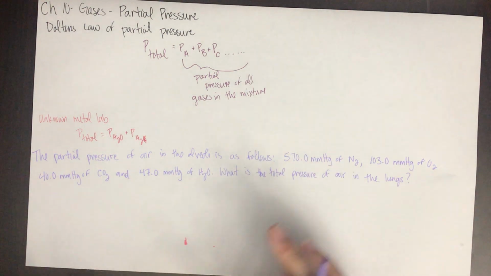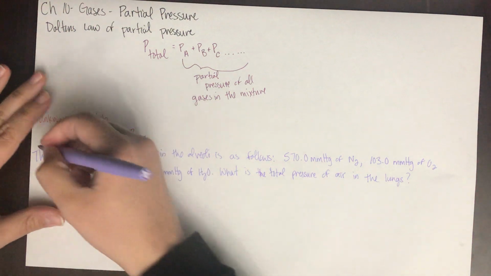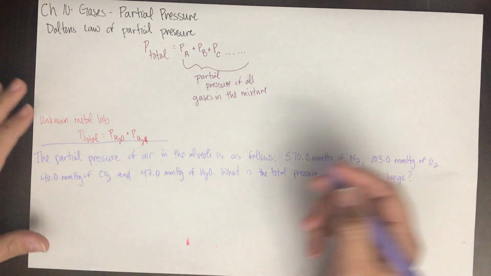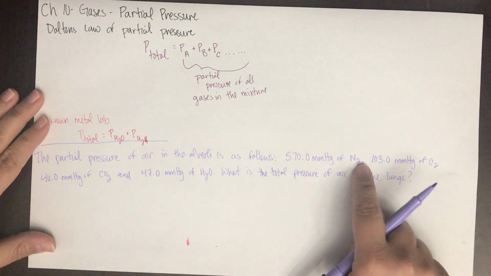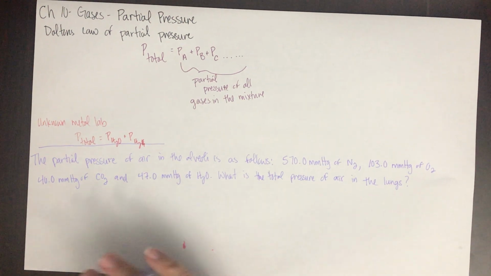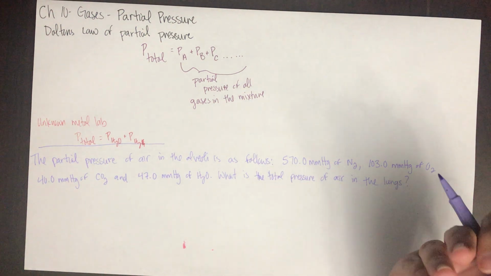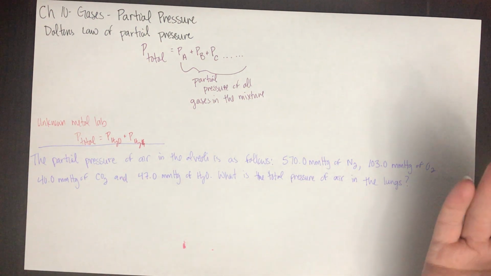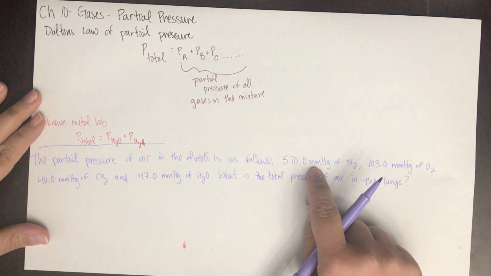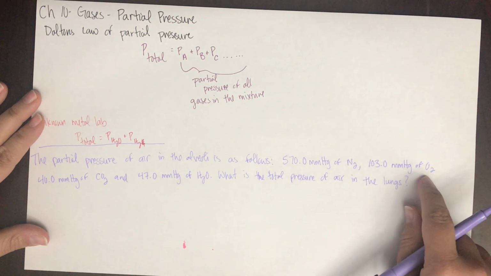So this is literally just adding them all together. So this is separate from that problem up there. Okay, so air is made up of nitrogen, oxygen, carbon dioxide, and water. So when we think of air, we think it's mostly oxygen, but that's just really because oxygen is what our cells use for what's called respiration, but there's actually a lot more nitrogen in the air that we breathe than oxygen.